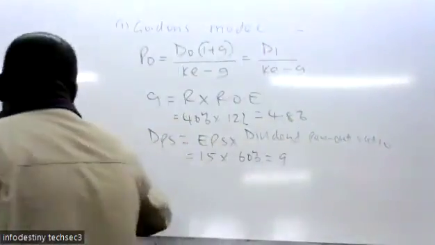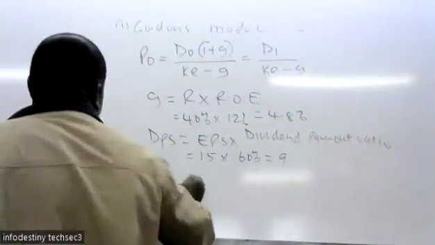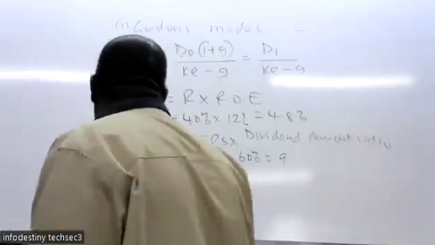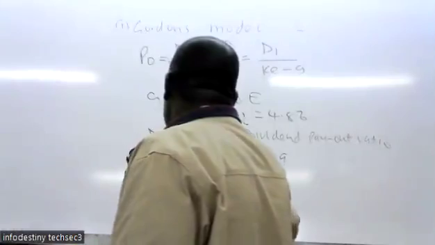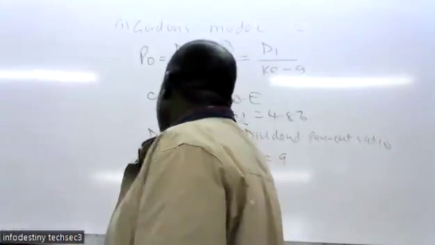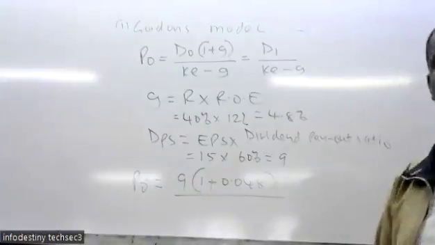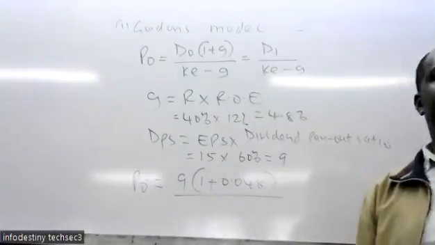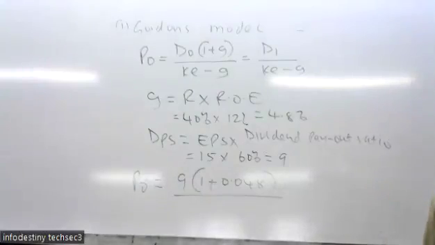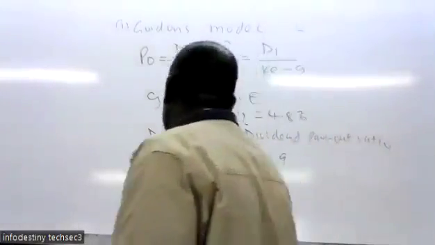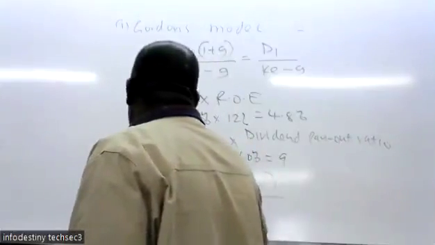After that, we go back to get our P0. D is now 9, the growth rate is 4.8%, which is the same as 0.048. We divide by Ke. Ke is still the capitalization rate, which was 12%, the same as 0.12.